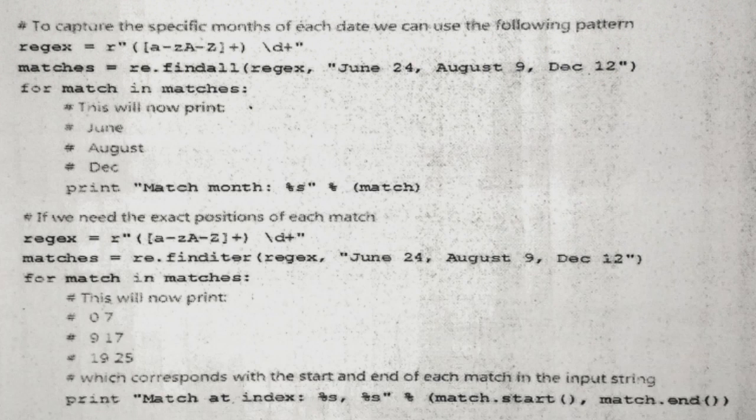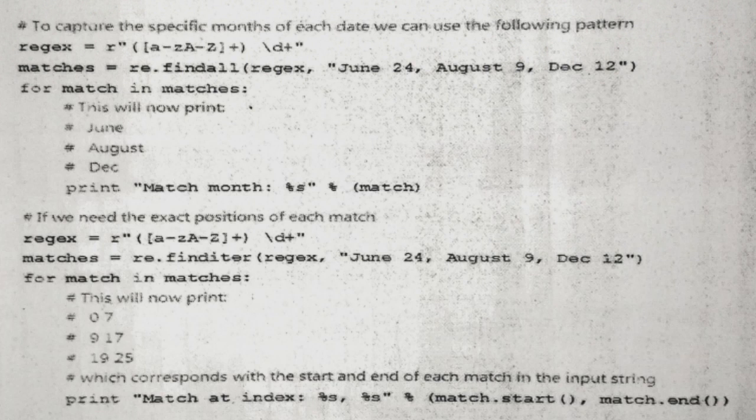What is its position? The first result was June space 24, right? So the start of June is 0, because that is the first element of the text which we have provided.